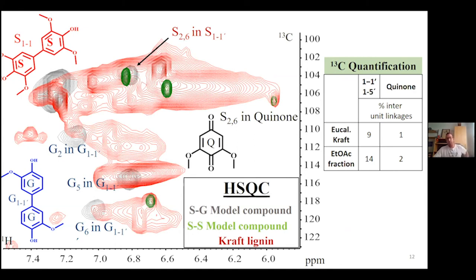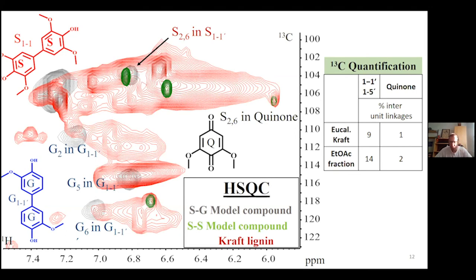Again, HMBC analysis supports the study, showing the same atom connectivity found in the model compound system. One of the very interesting outcomes is that also Guaiacol units in hardwood lignin, like in this case, undergo retro-aldol and radical coupling.